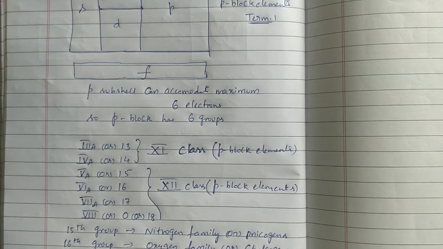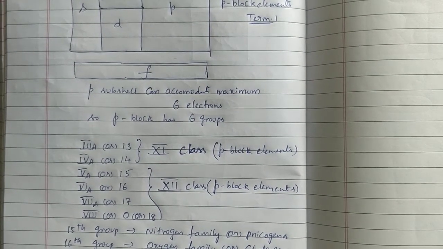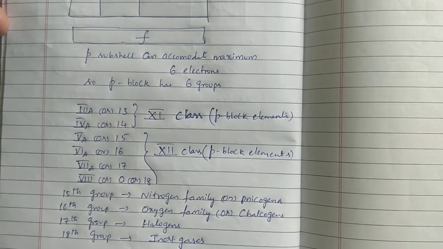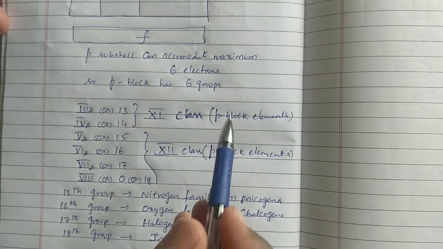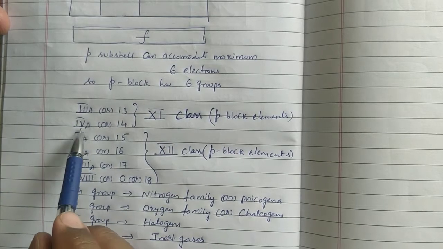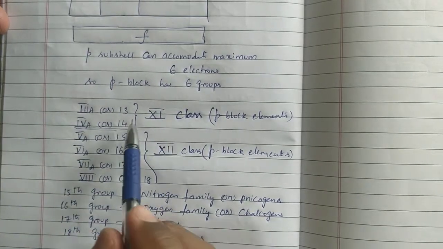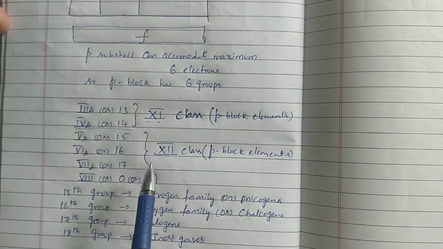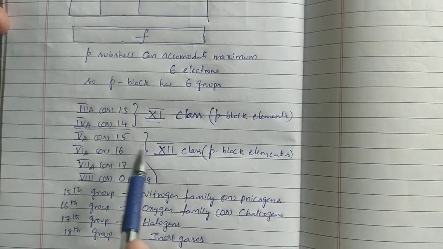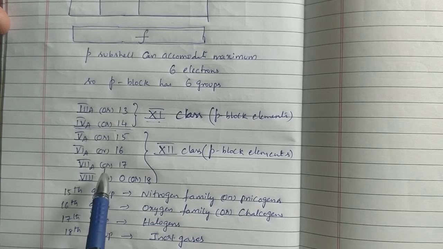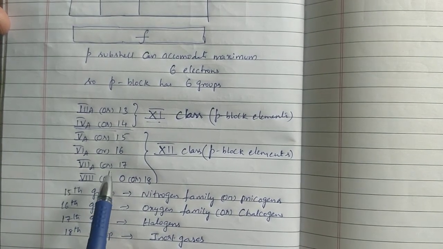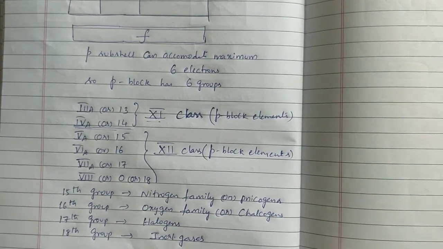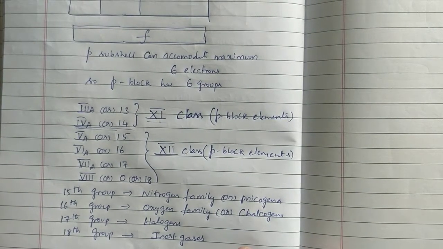Okay? So we are going to start our chapter P block elements, which actually contains 6 groups in total. Already I told you that these 2 groups were present in 11th class. So in our current 12th class chapter P block elements, 4 groups are there: 15, 16, 17, 18. Those groups we are going to study element-wise in our chapter.